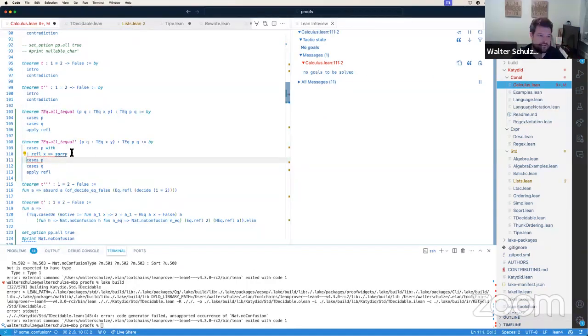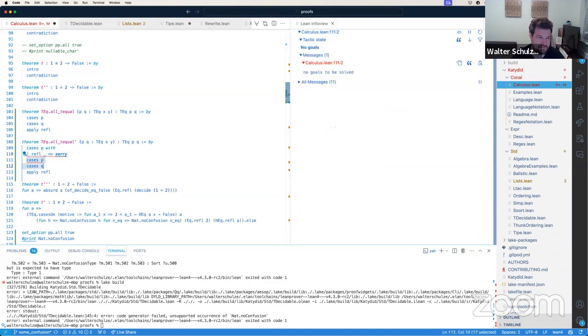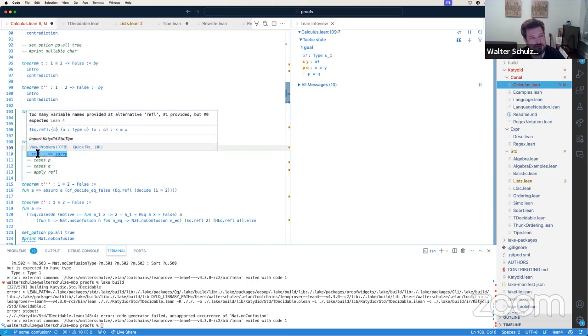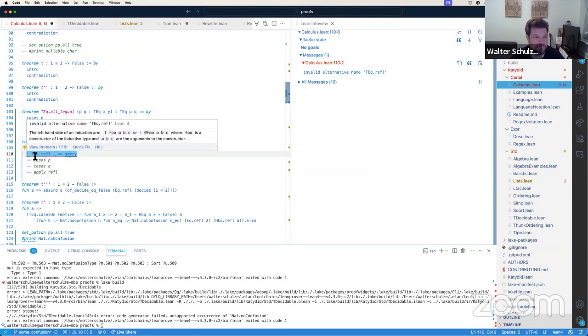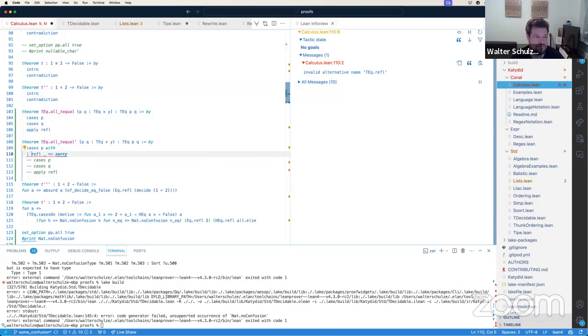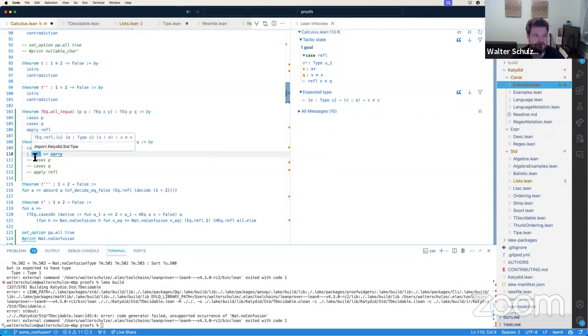Can we do this? See, that's always like too many variable names.